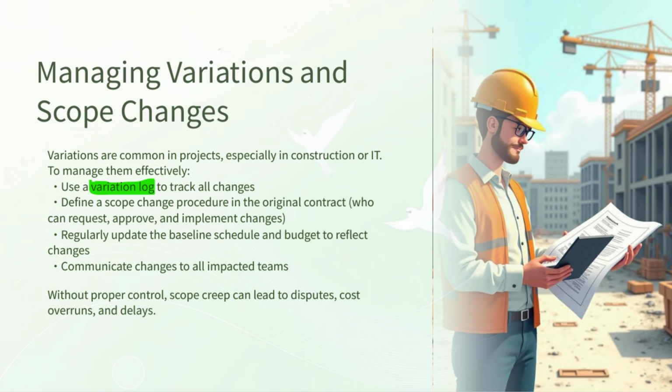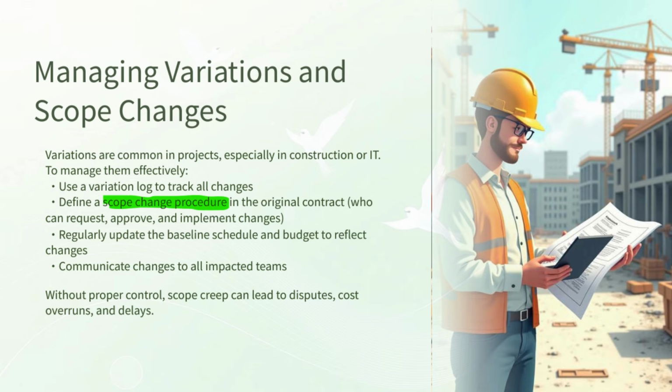Each variation should include details such as the date of request, the person or department who raised it, the reason for the change, the impact assessment summary, and also the current approval status. A well-maintained log helps project managers monitor progress, maintain transparency, and provide a clear history of all changes made during the project.